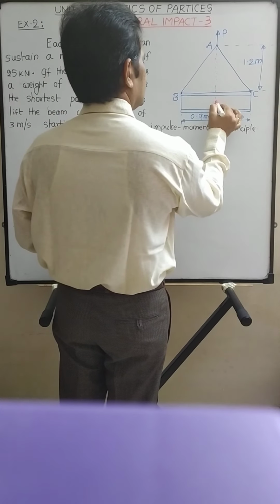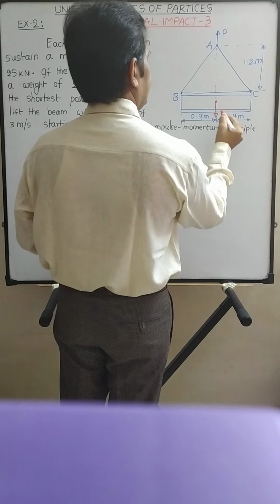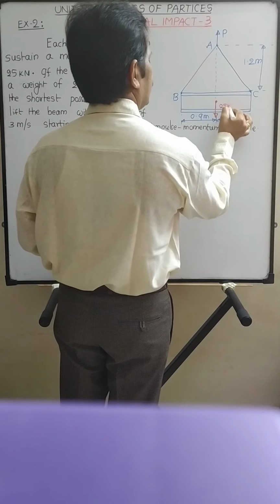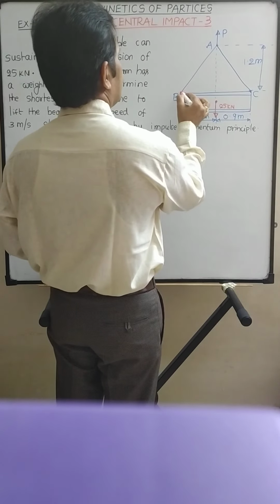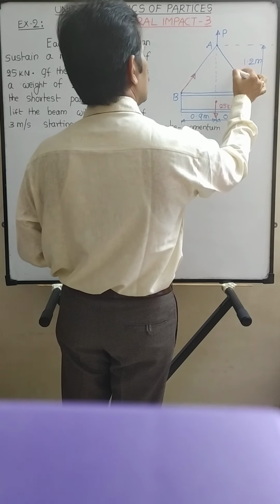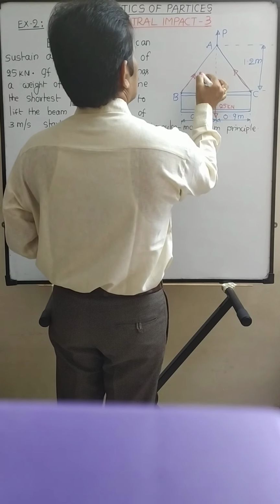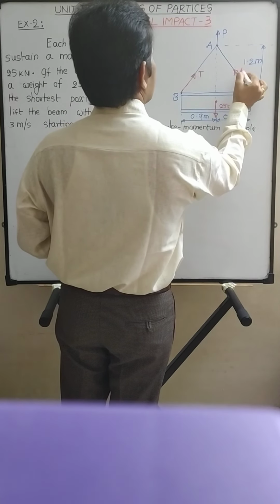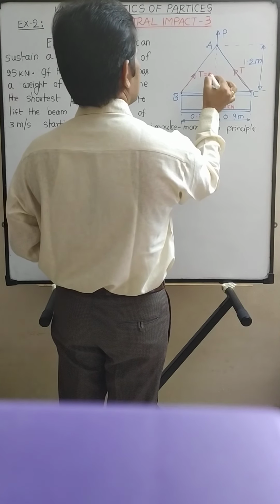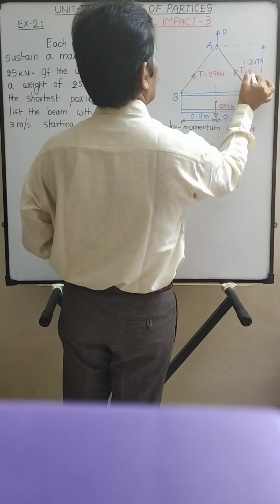First, its weight acting vertically downwards, say that is 25 kilonewton, and tension in the cables. So there are two cables attached to the beam. The cable can sustain a maximum tension of 25 kilonewton.